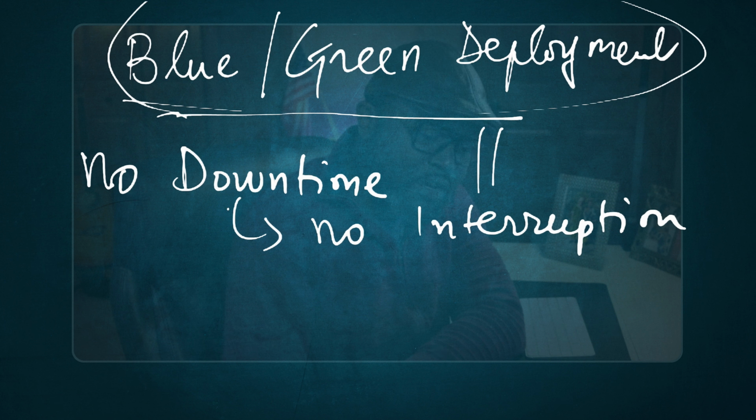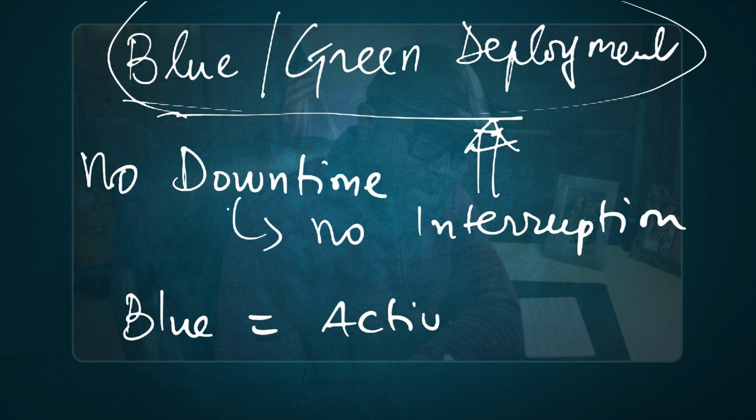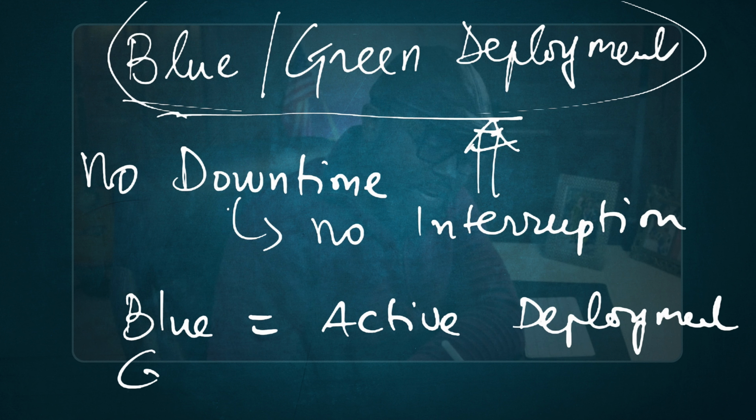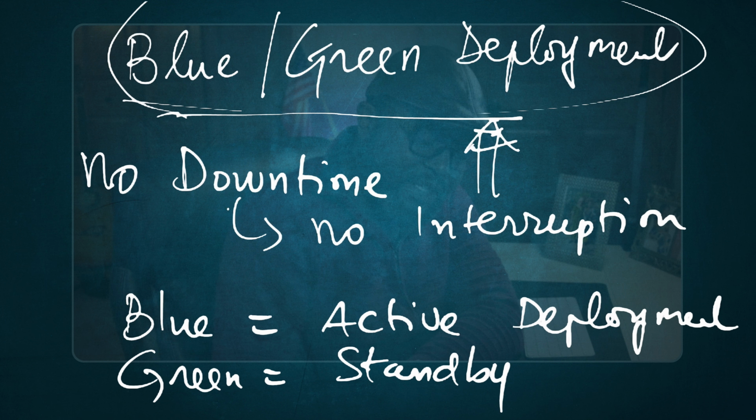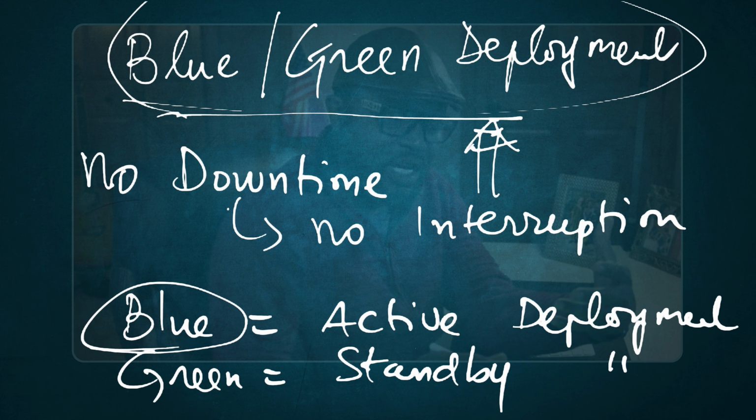You do it by using what we call a blue-green deployment. Usually most people refer to blue as the active deployment, and green is what you're going to use as a standby deployment. You use this when there is an interruption, because the blue is the one running.